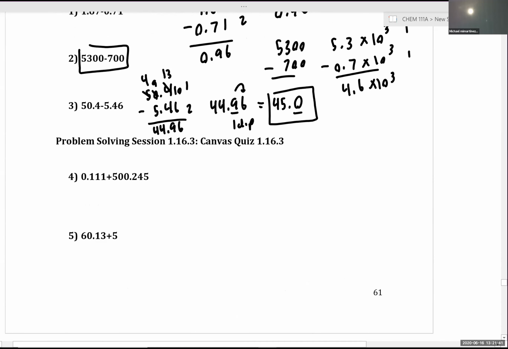These can be submitted using the problem solving session quiz 1.16-3 on Canvas. Let's take about 3 minutes to work through these examples, and you're free to message me your responses in the chat or provide your responses via Canvas.